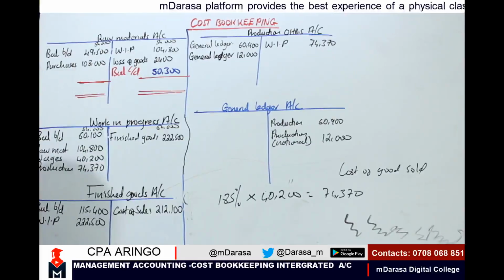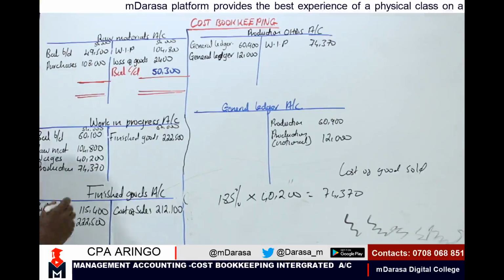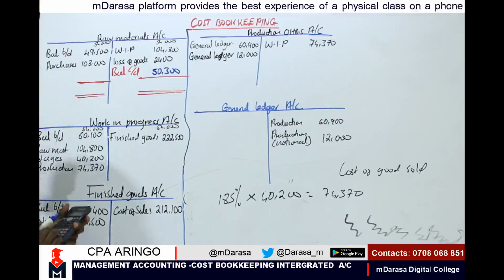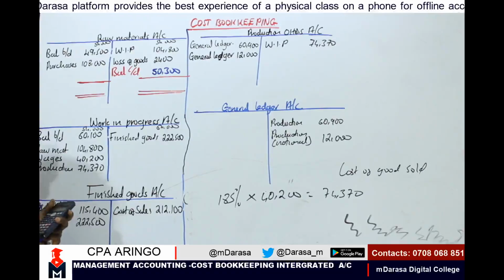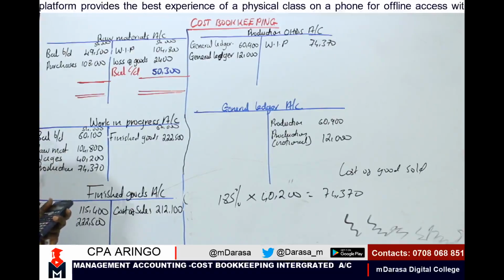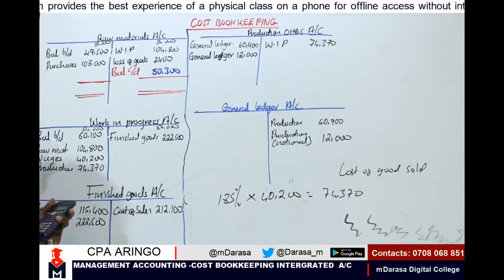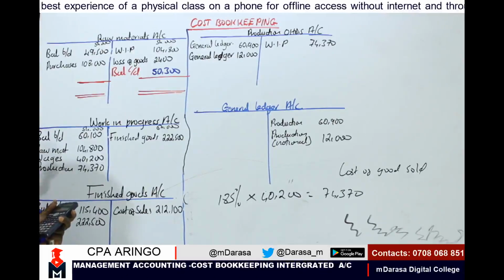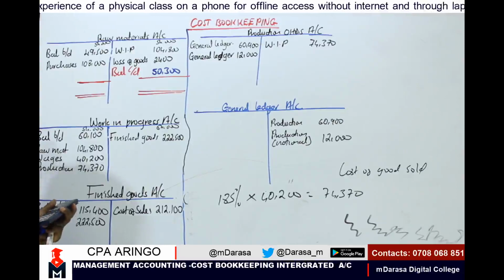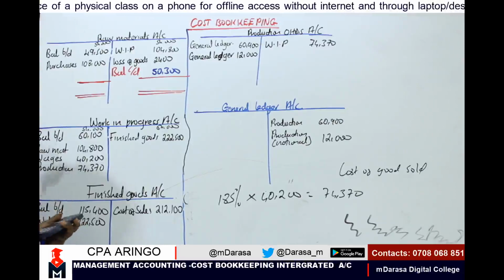Whereas for work in progress, what should we be having? Talk of 6,100 plus 104,800 plus 4,200 plus 74,370. That should give us how much? 279,470.